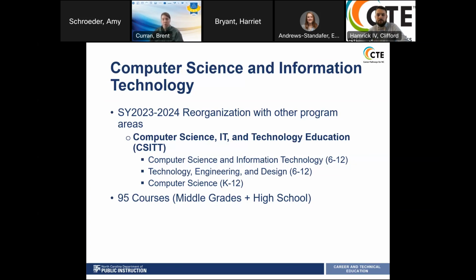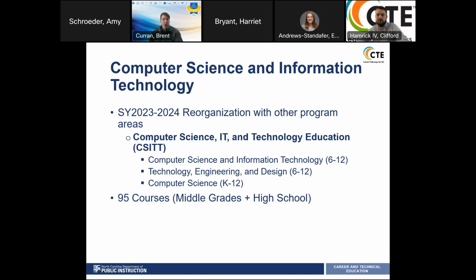And we are also taking over the computer science division from DPI, which serves kindergarten through 12th grade. So it's a little bit of an FYI for next year. You'll see some different branding coming out from our office, but anything that says computer science, tech ed, and in the future, computer science, IT, technology, it'll be coming from me or Eli.